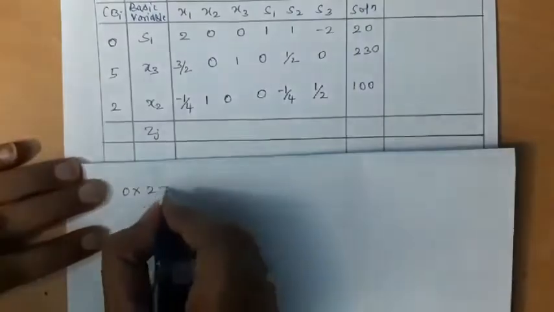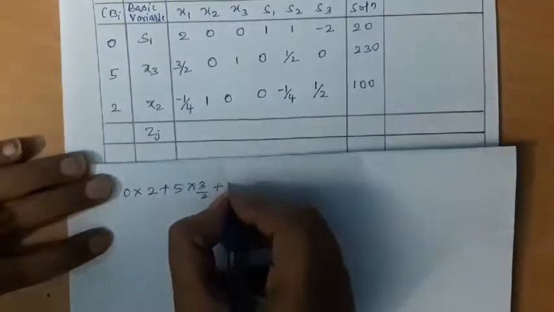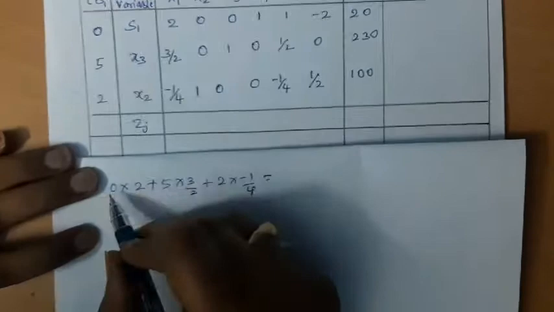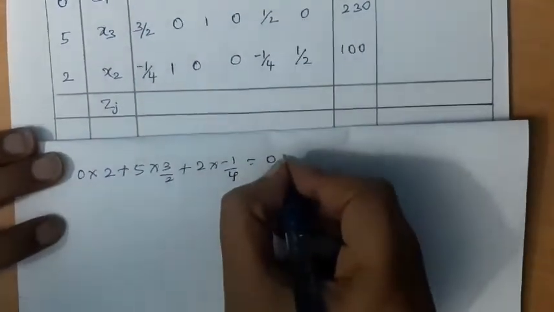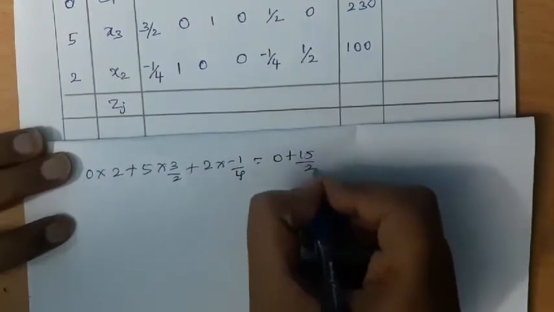That is 0 into 2 plus 5 into 3 by 2 plus 2 into minus 1 by 4. 0 into 2 is 0, plus 5 into 3 by 2. 5 3s are 15, so 15 by 2.